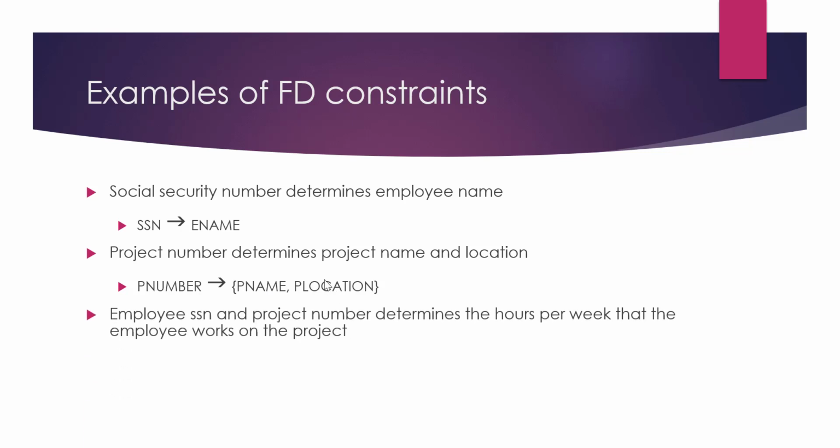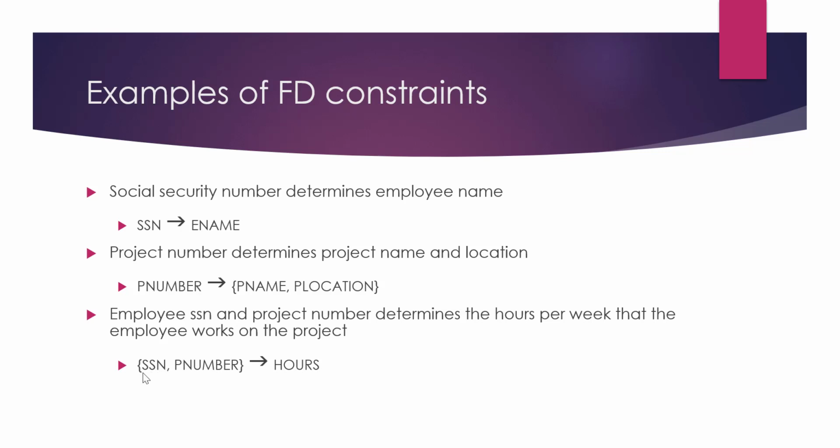We can have it the other way too. If we say that the employee's social security number and the project number together determine the hours per week that the employee is going to work on the project, we have a composite key here: social security number with the project number. They both together determine the hours.